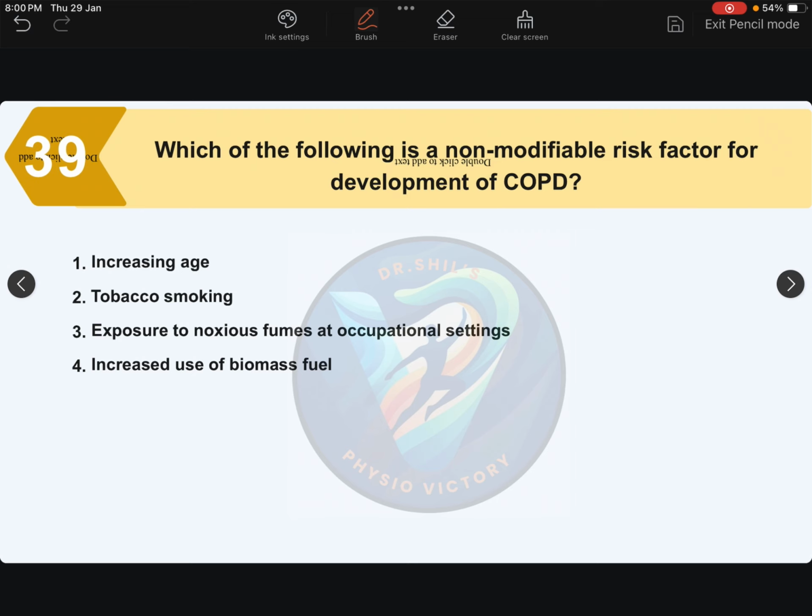Here the correct answer is increasing age, because you cannot modify age. Age basically causes reduced lung elasticity and reduced alveolar surface area.